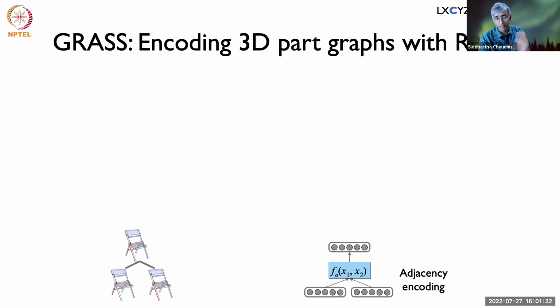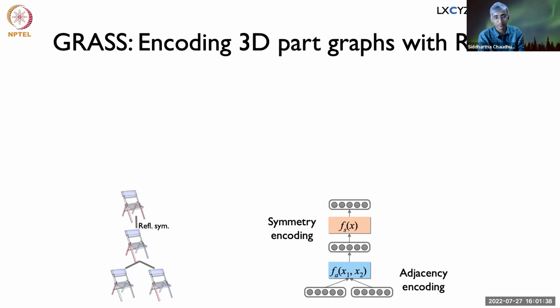And these two parts were adjacent, which is why there was an edge between them in the source graph, and which is why we chose to merge them. Right? Now I noticed that the legs on the left and the legs on the right are symmetric counterparts of each other. So there's a reflective symmetry relationship between them. So I can represent this with another transformation of the feature vectors.